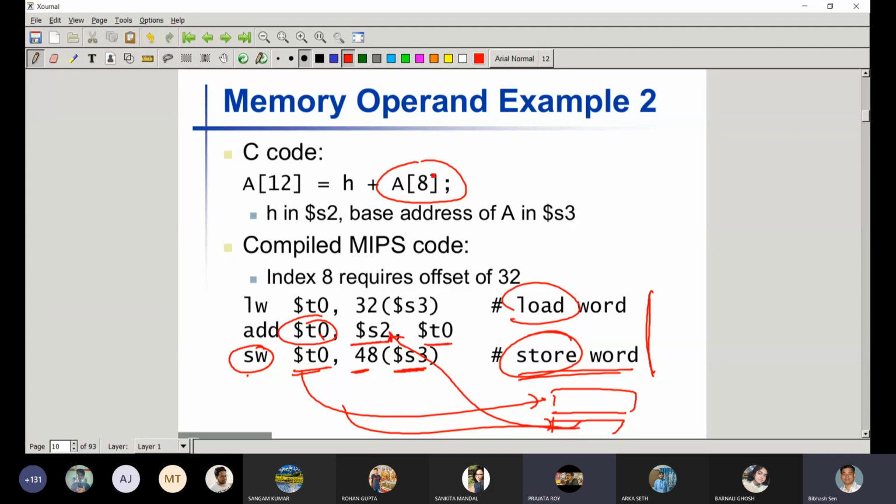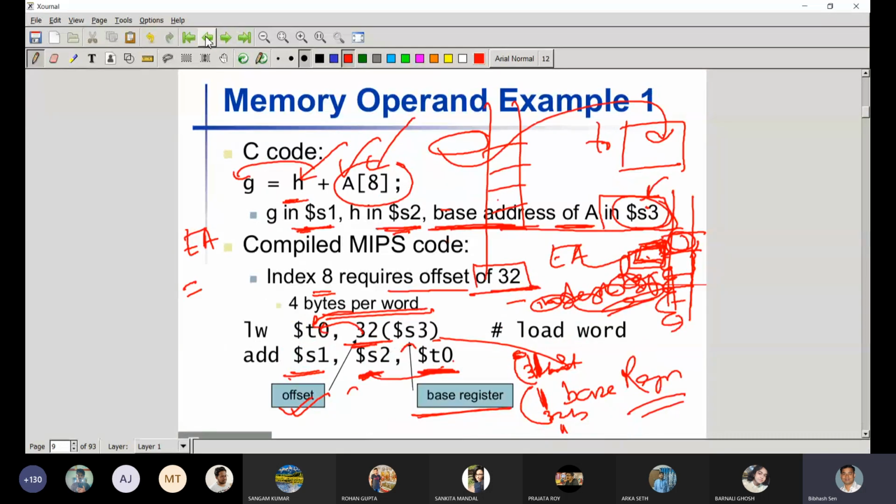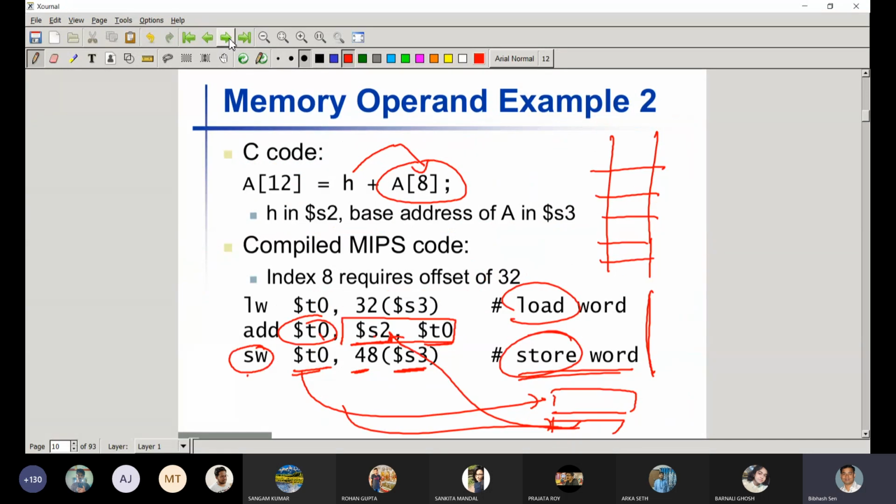So why is it 48, sir? The store word, sir. After calculating the first value with S2, H, that value is already stored. If you consider each word is 4 bytes, they mentioned in the previous slide 4 bytes per word. So one word contains 4 bytes.